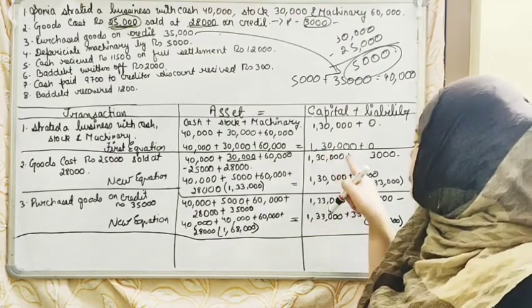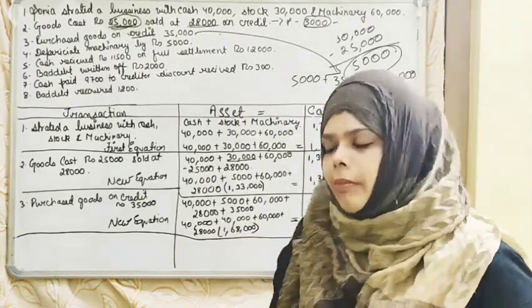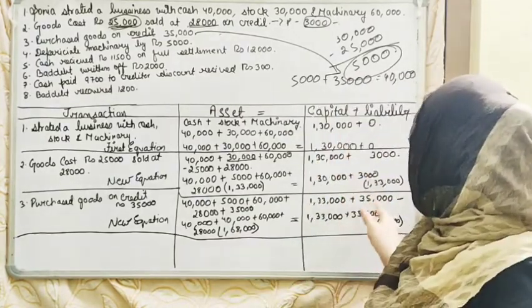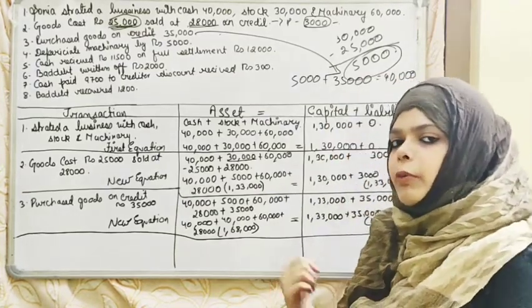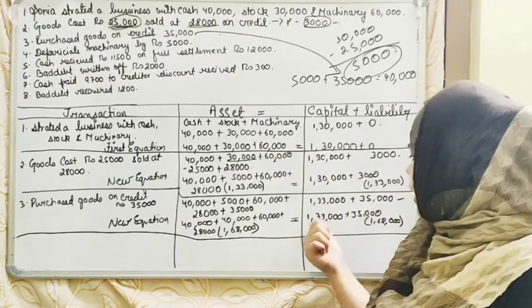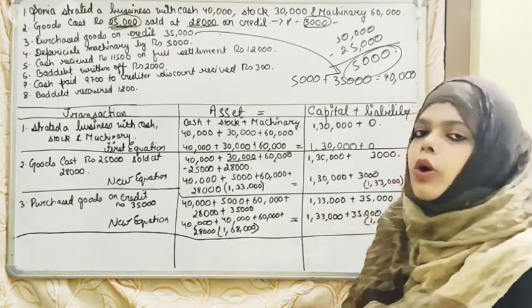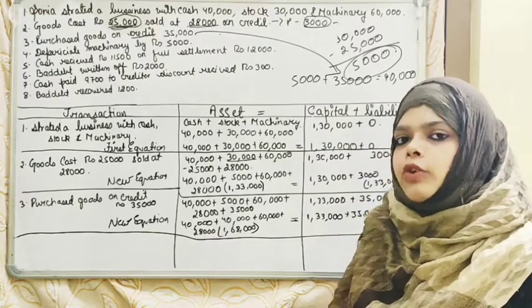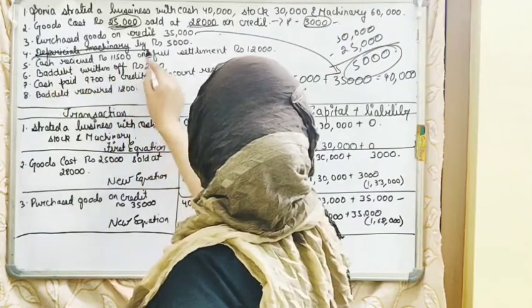How? 1,30,000 plus 3,000 of profit, which is added to the capital amount, and plus 35,000, which is a credit or liability which we have to pay in the future course of time. So 1,33,000 plus 35,000, which comes to a total of rupees 1,68,000 rupees. Now coming to your fourth, depreciation of machinery worth rupees 5,000.